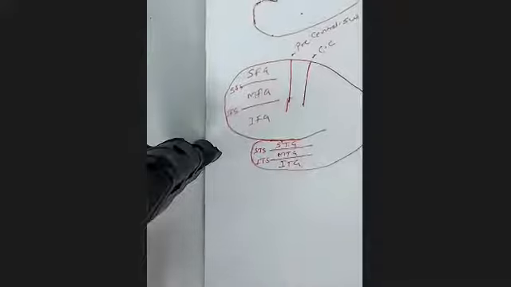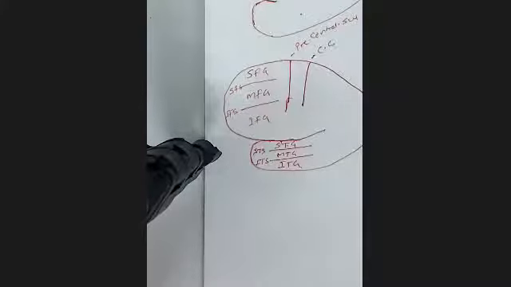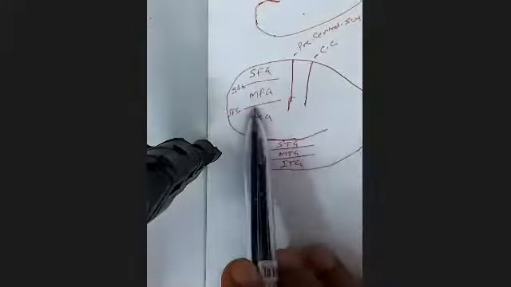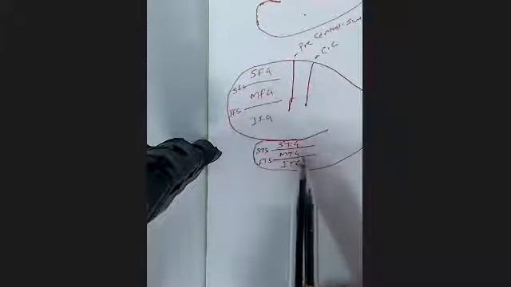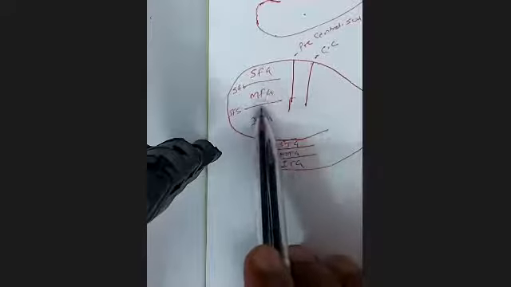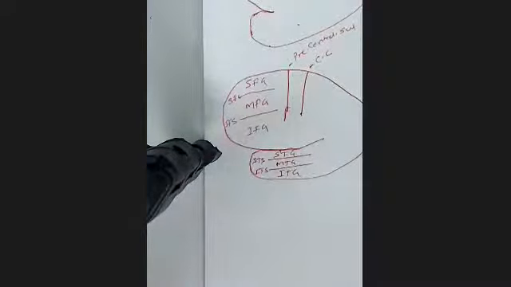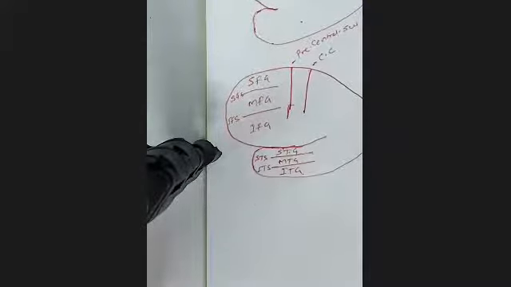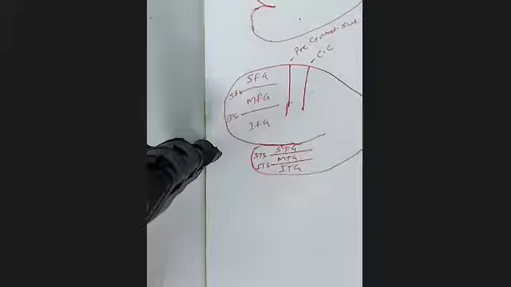That means in the frontal lobe and temporal lobe, there are two sulci, superior and inferior, dividing them into three gyri. Two sulci, three gyri.